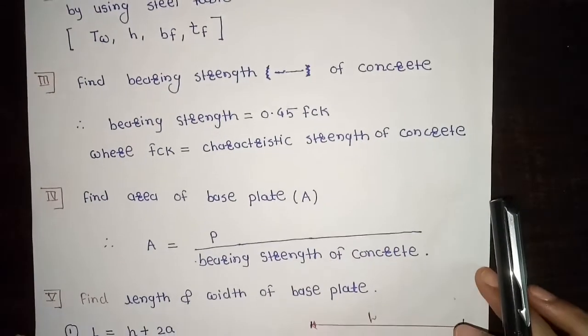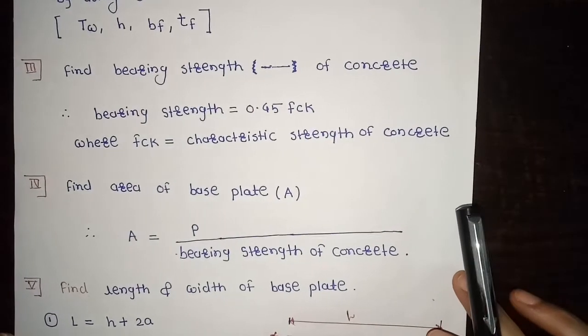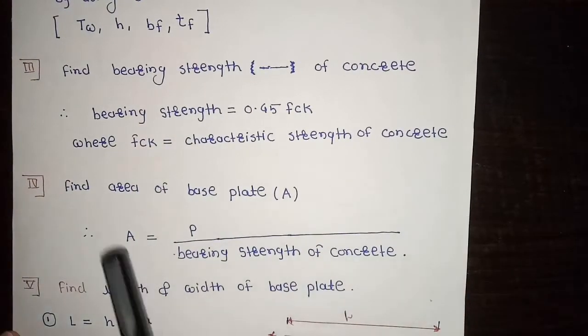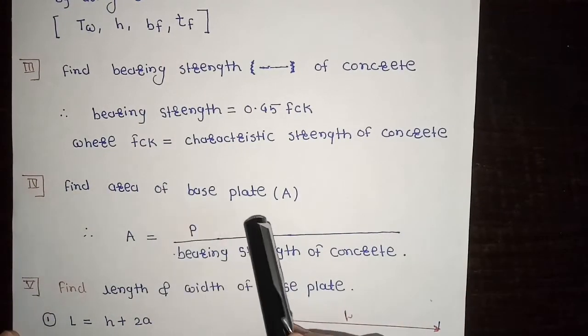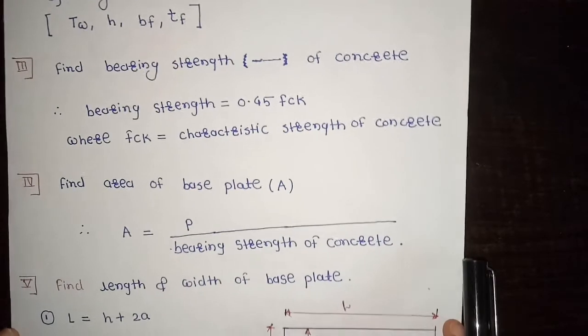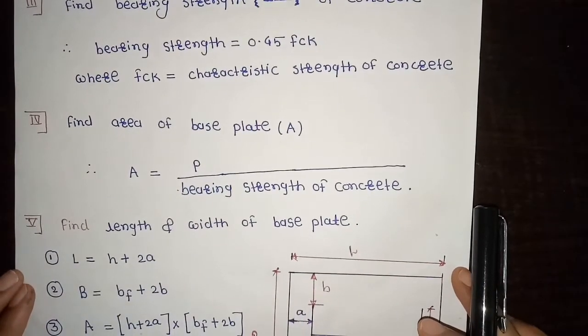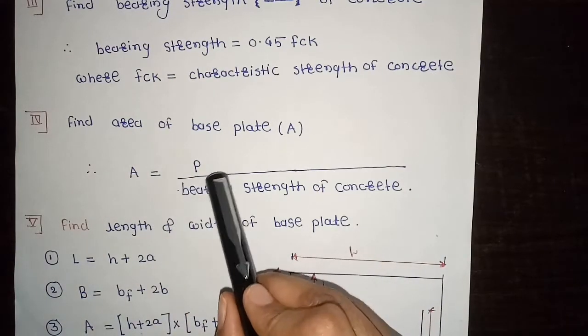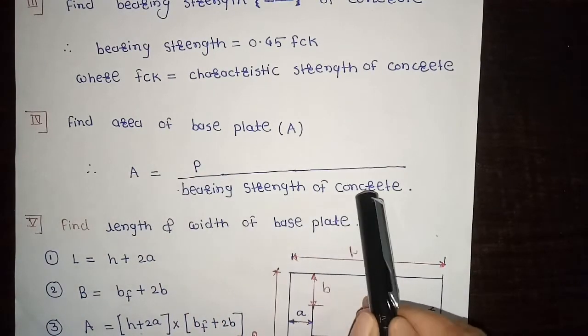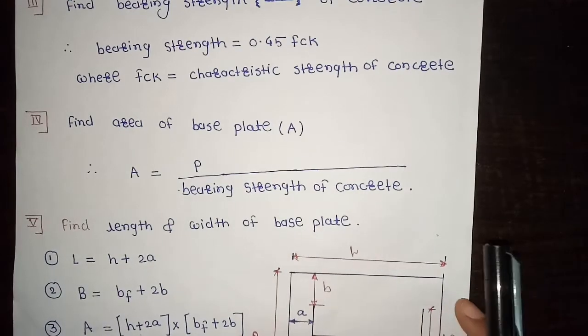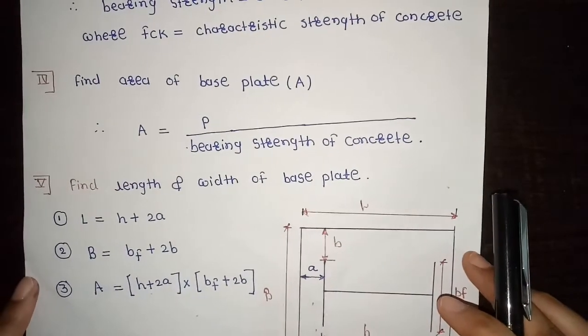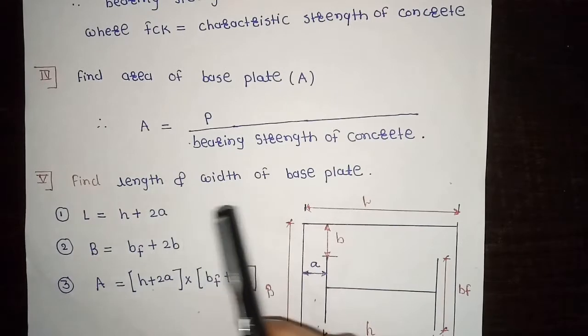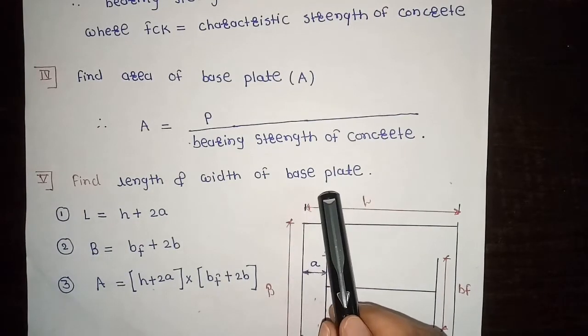Step fourth, find area of base plate. Area of base plate is given by the formula A is equal to P divided by bearing strength of concrete. Next, step fifth, find length and width of base plate.